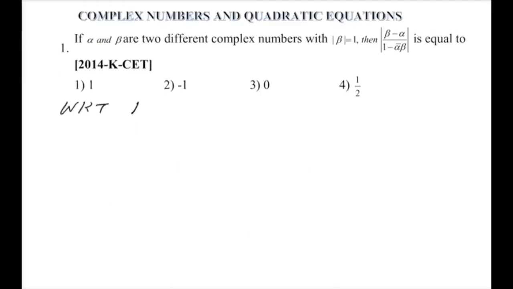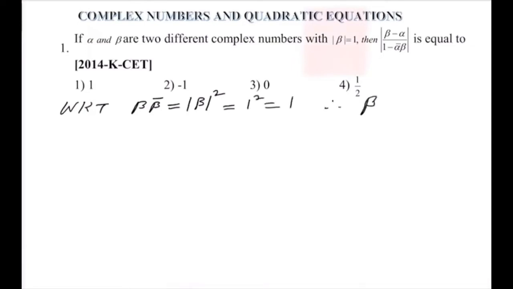We know that complex number into its conjugate is modulus of the complex number whole square. Since modulus of beta is 1, this becomes 1 square equal to 1.